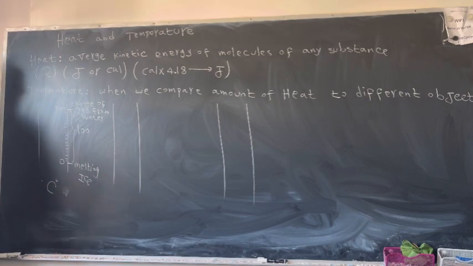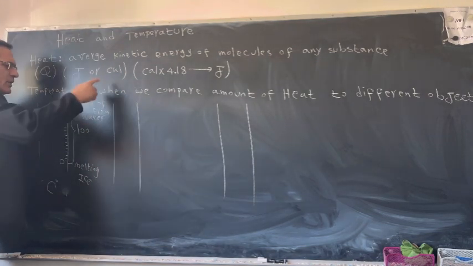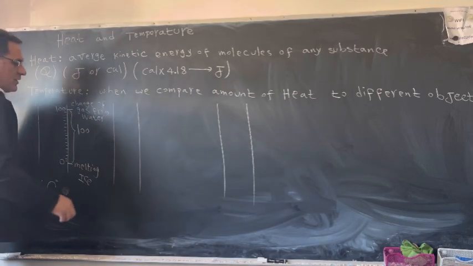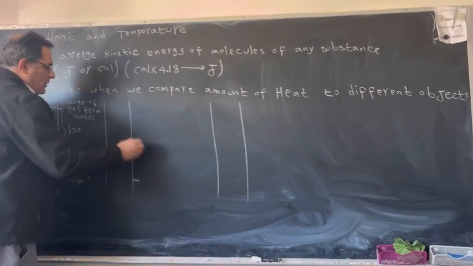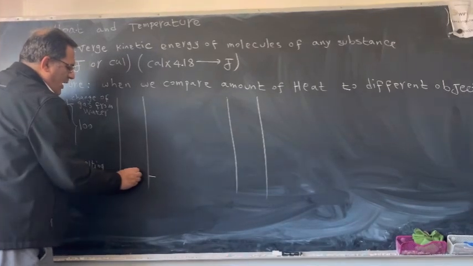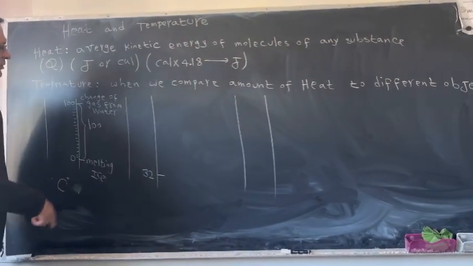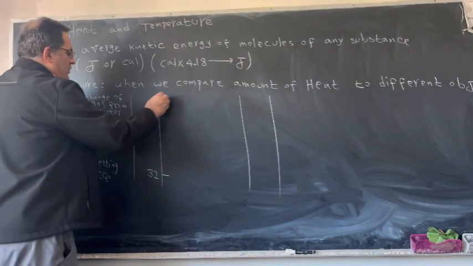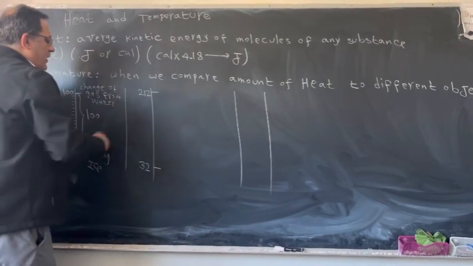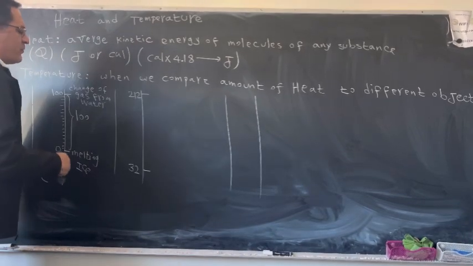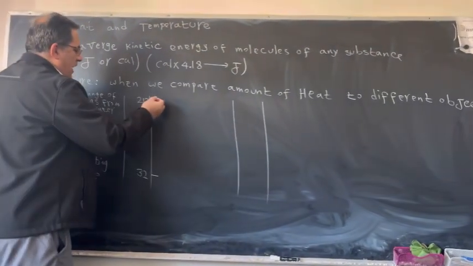The second scale to measure the temperature is Fahrenheit. At 32 degrees Fahrenheit, ice converts to water by melting, and at 212 Fahrenheit, water converts to gas.